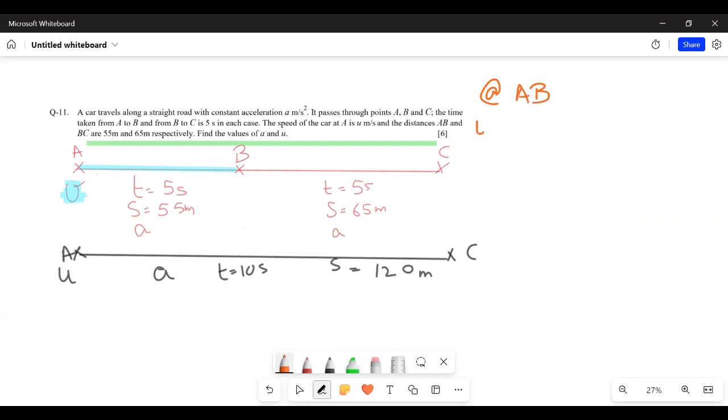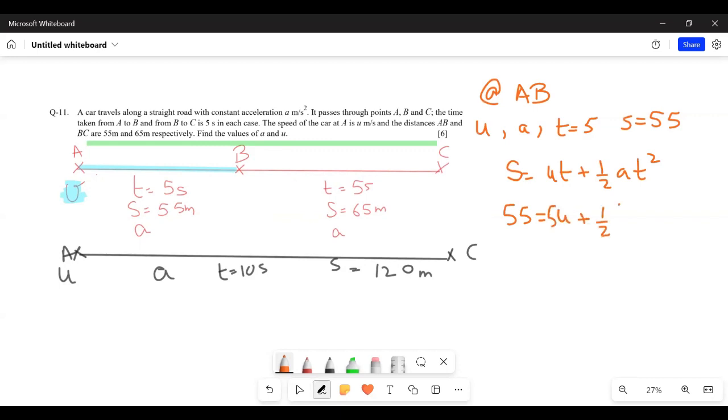Okay, so let's form an equation at AB. U is U, A is A, T is 5, and S is 55. So I need a formula that connects these. That will be S equals UT plus half AT square. 55 equals 5U plus half times A times 5 square.